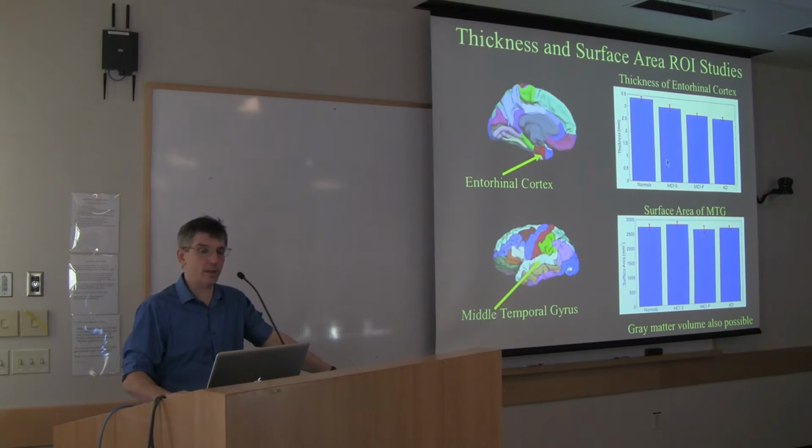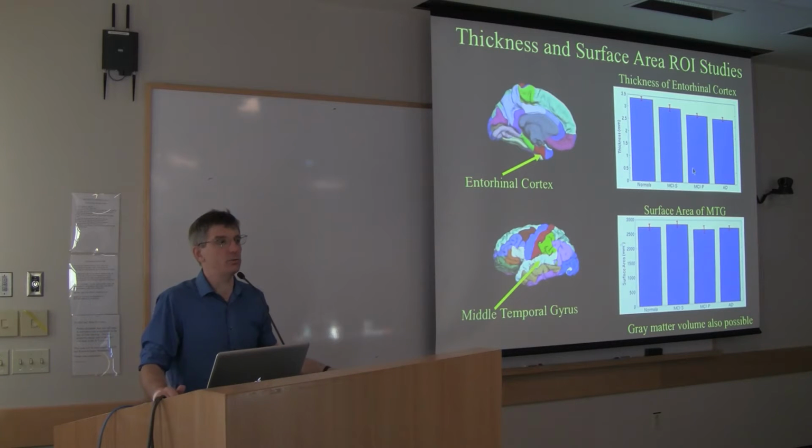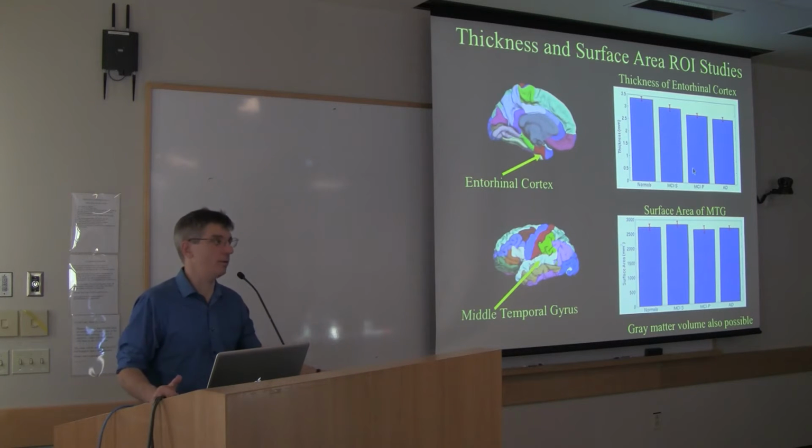This is an example of an ROI study that you might do with a cortical label as opposed to a subcortical label. Here I have this arrow pointing to entorhinal cortex, which is this red area. For these same four groups, the error bars indicate the average thickness for each group.